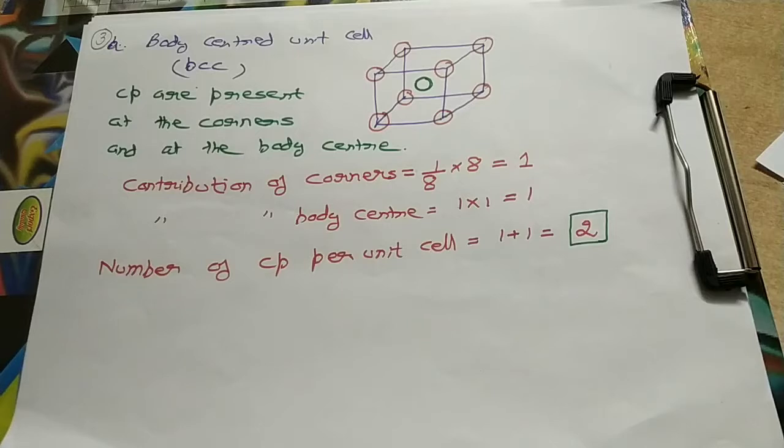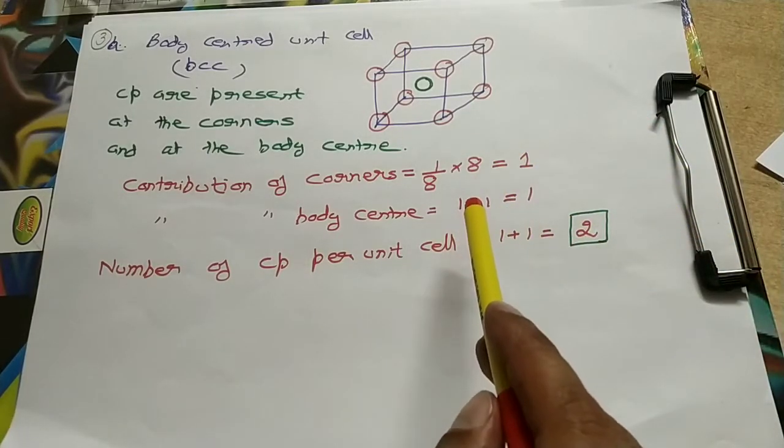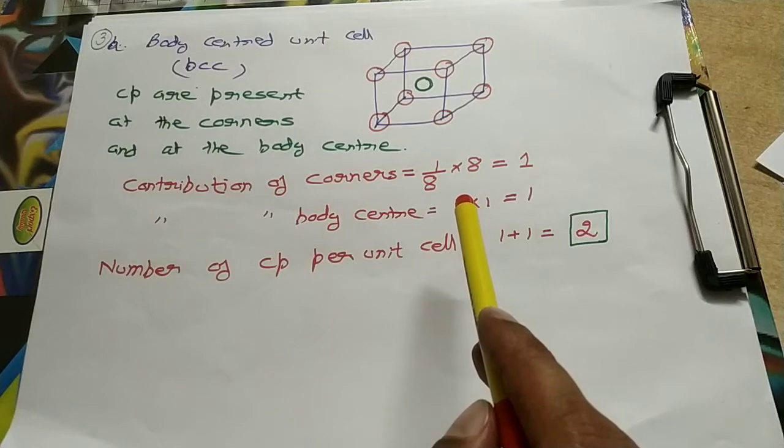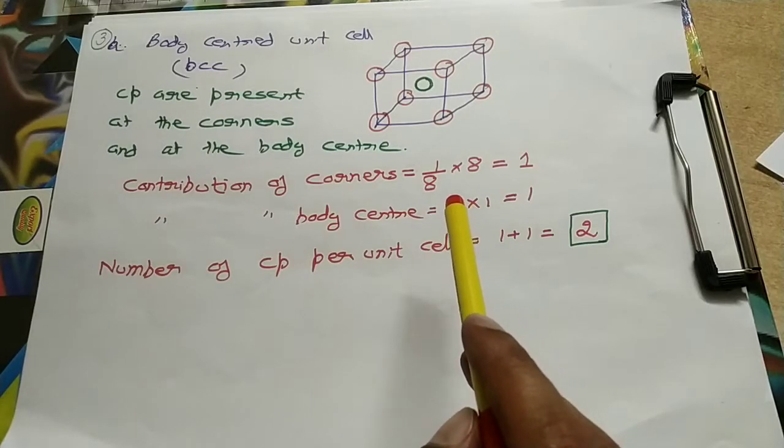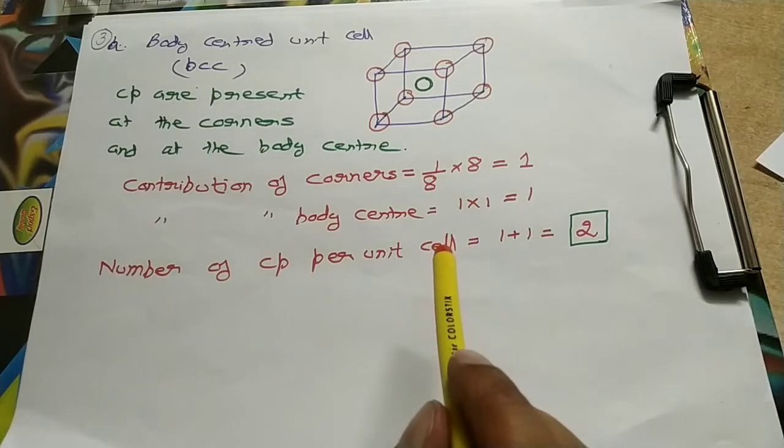Body center है वो जो diagonal यहाँ पे intersect कर रहे हैं. That is the body center of a cube which cannot be shared with any other cube. So एक ही body center है, only one cube is having that body center.